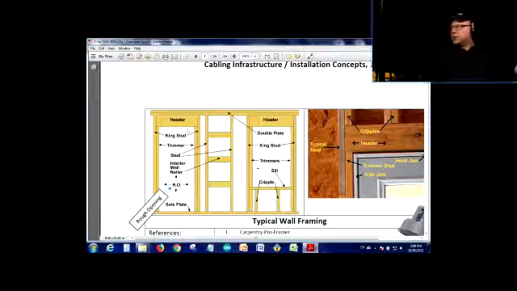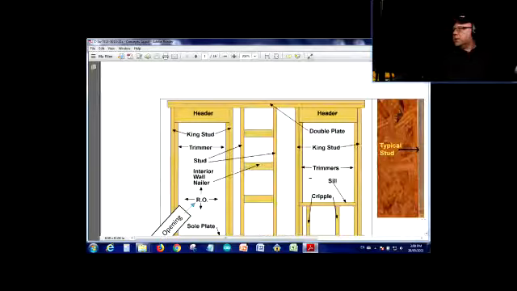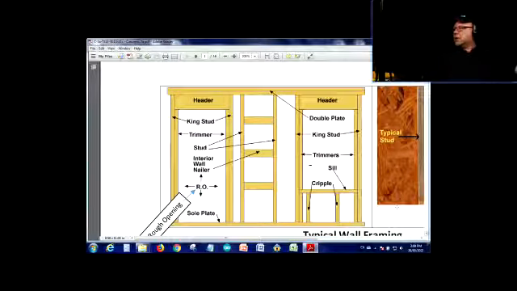So this is a typical wooden structure. What do we have here? Let me zoom in a little more. We have the studs, which are usually vertical, 2 by 4, 2 inches by 4 inches. They're slightly smaller in reality, but they're called 2 by 4, and they go from top to bottom.